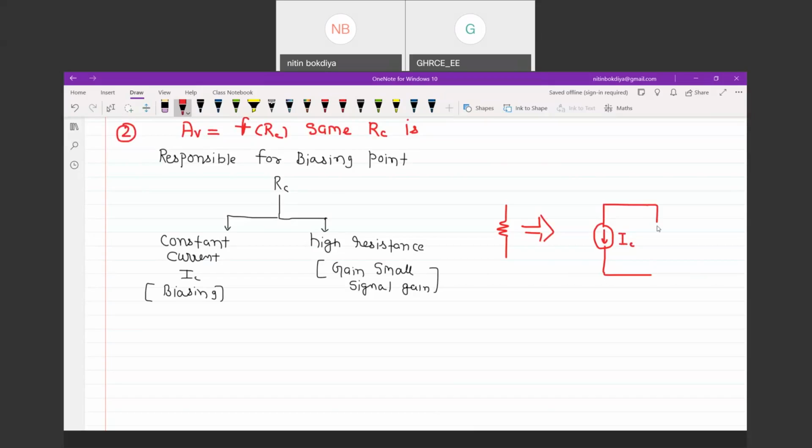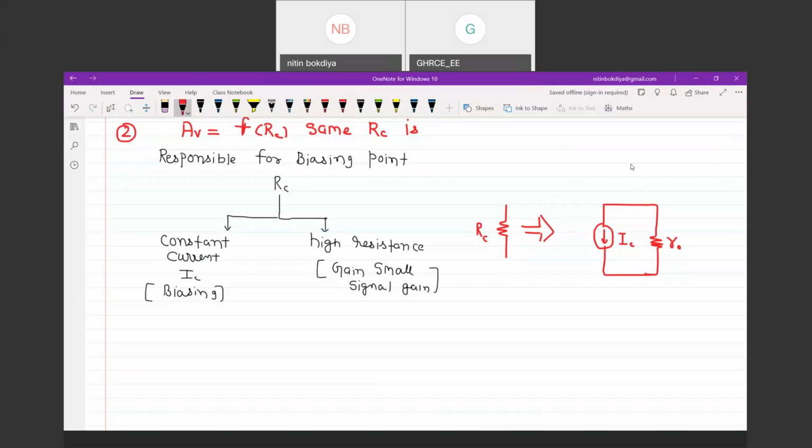Yes, this will provide a resistance ro, because the main working of RC is to provide a constant current and high resistance.